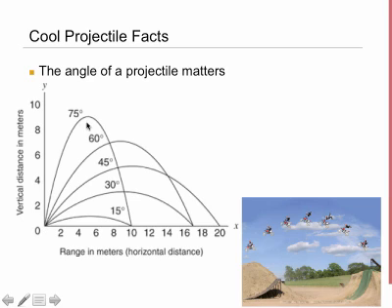But at 75 you have a very high vertical displacement but a very short horizontal displacement. But what do you notice about both 15 and 75? Right, both of them end at the same point. Both of them go to 10 meters. You get the same resultant, but from different angles.